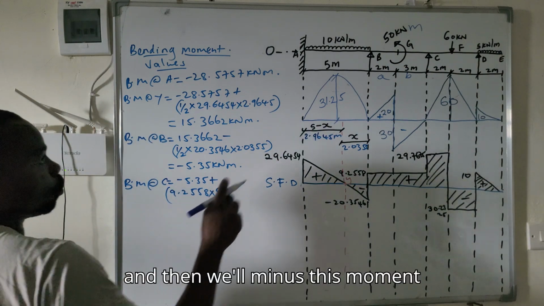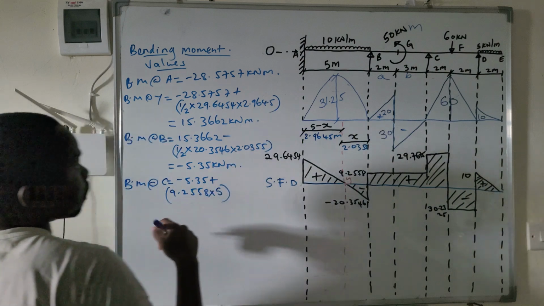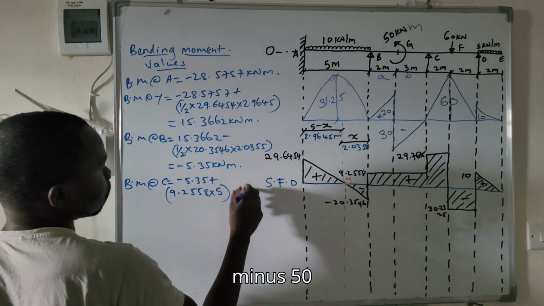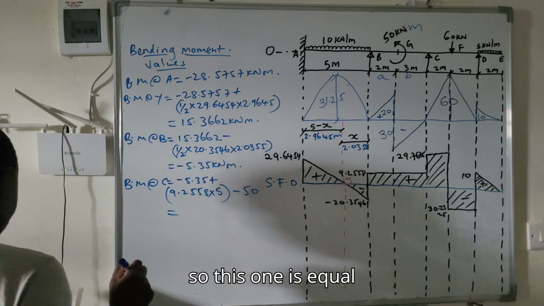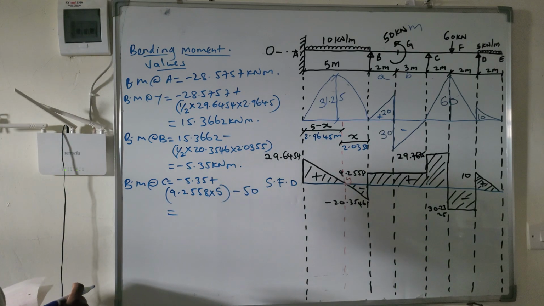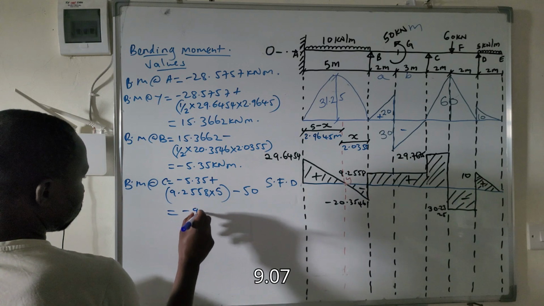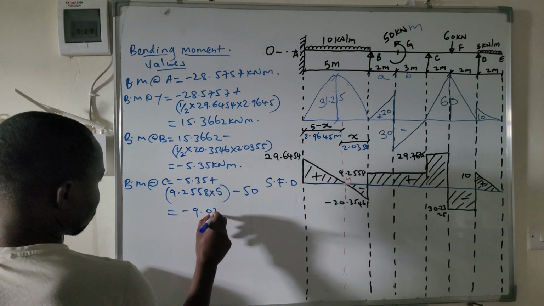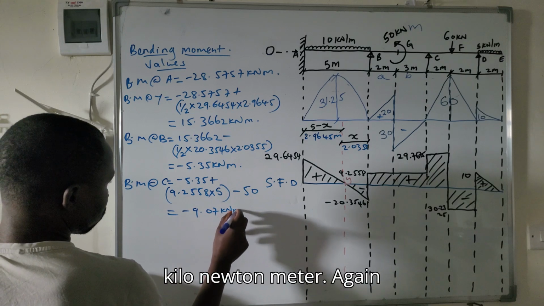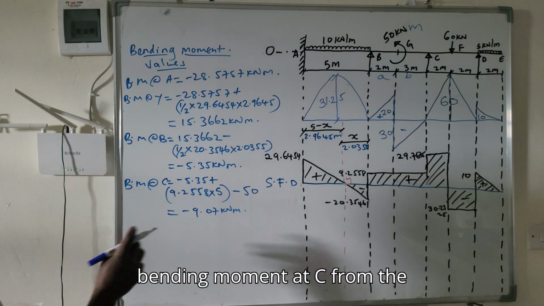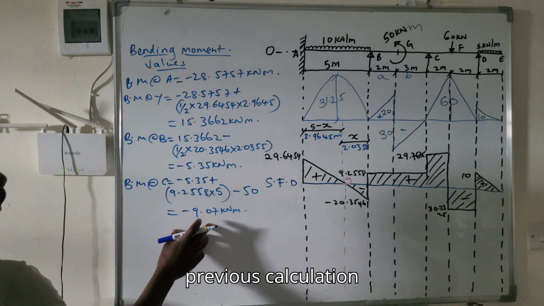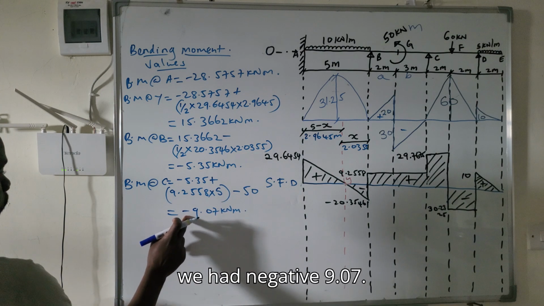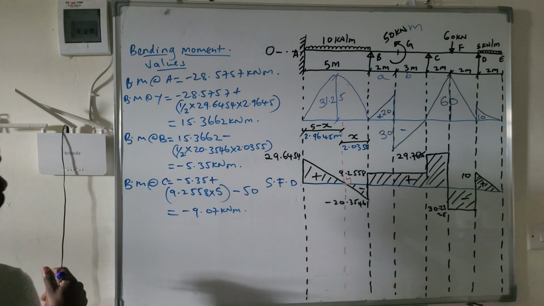And then we'll minus this moment, minus 50. So this one is equal to minus 9.07 kilonewton meter. Again, bending moment at C from the previous calculation, we had negative 9.07.